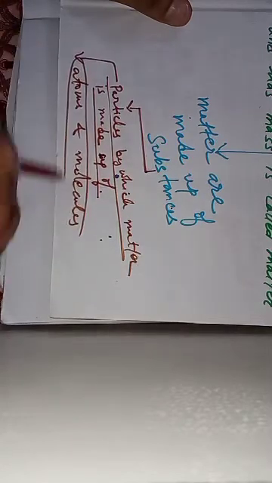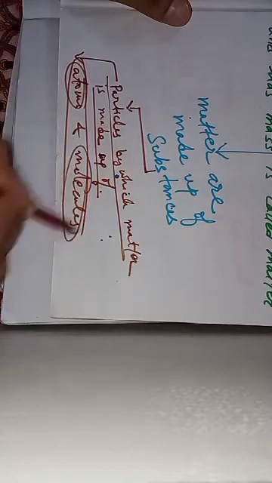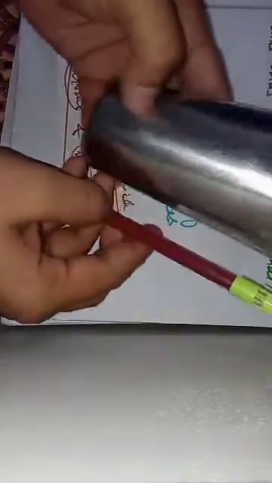So basically, substances are atoms and molecules by which matter is made up of. That is why the atoms and molecules of this sketch pen are different from those of this steel glass. So they are different in their structure, their weight, and their physical appearance. I hope you understood.